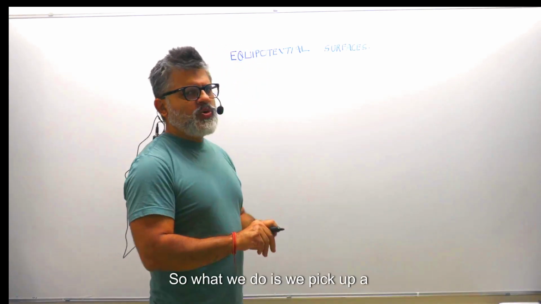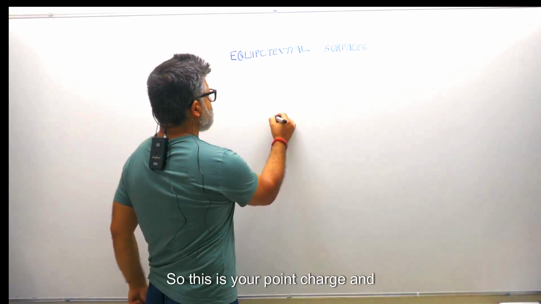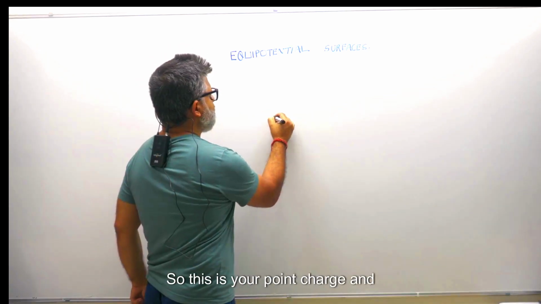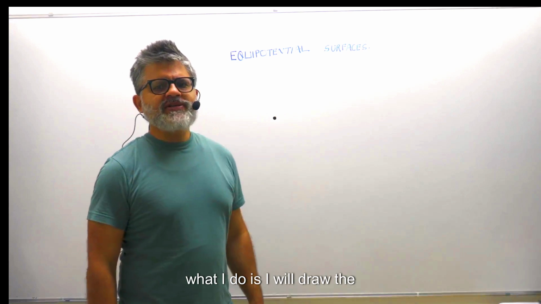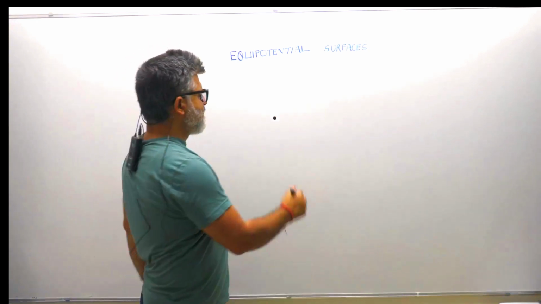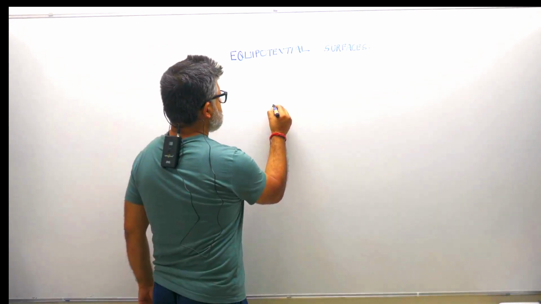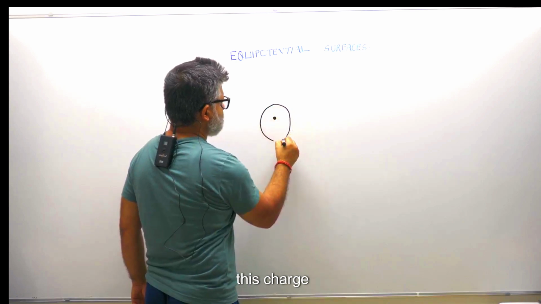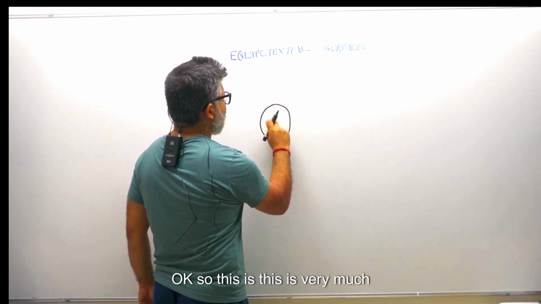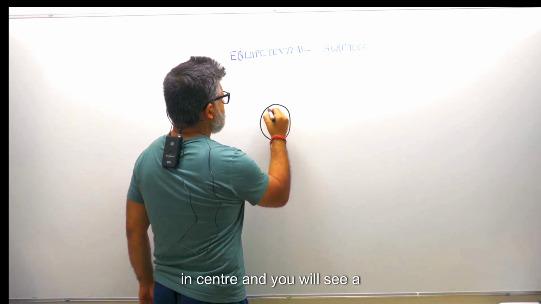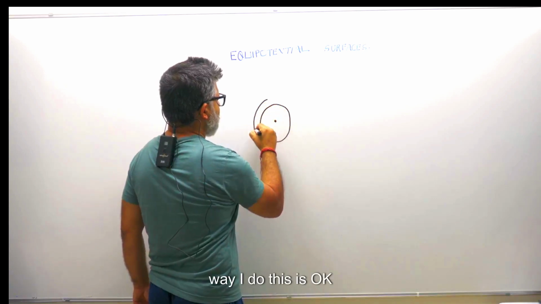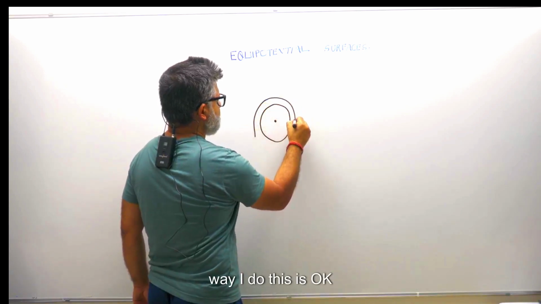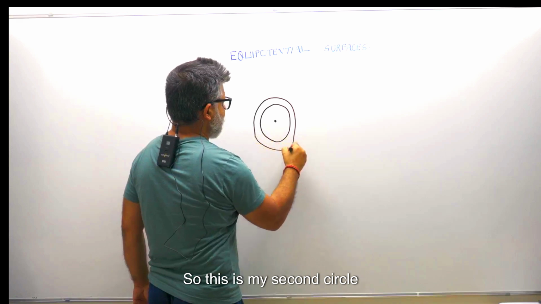So what we do is we pick up a point charge. So this is your point charge. And I will draw the equipotential surfaces around this charge. This first one is very much in the center. Now this is my second circle.